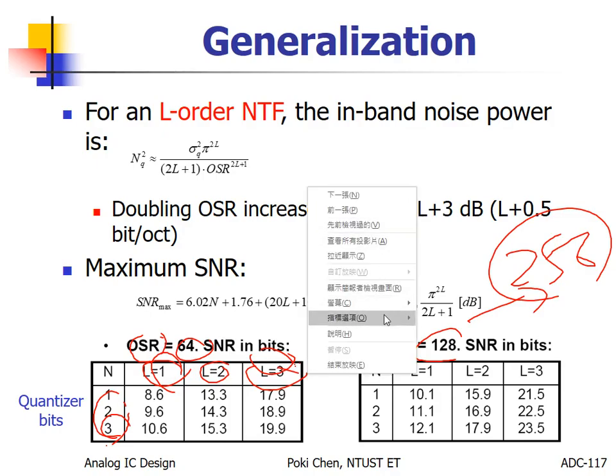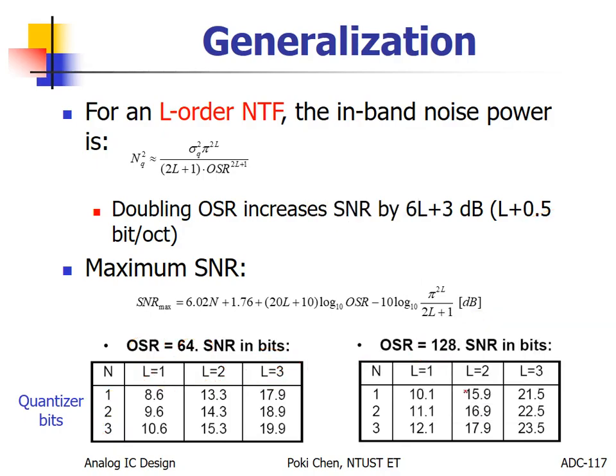Let's see the effective number of bits after such kind of modulation. You can see even with only 64 oversampling ratio, 1 bit quantizer, and third order. Wow, we make the effective number of bits about 18 bits. 18 bits!